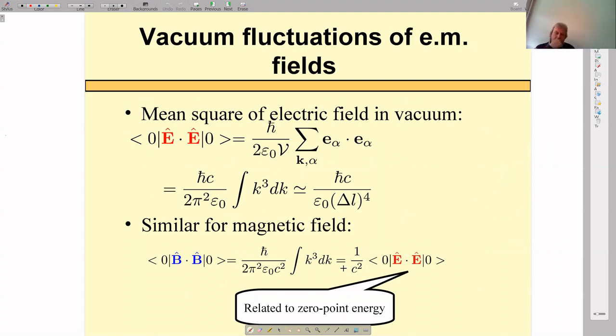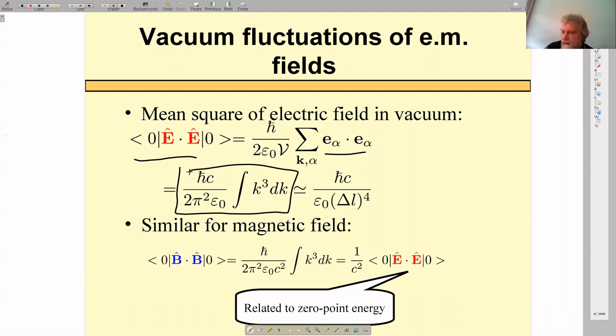Let's do the same for vacuum fluctuations. Vacuum fluctuations of electromagnetic fields. We can adapt the general calculation I did to the particular case of the electric field. Right, what we get then, for each k, is just the scalar product of polarization vectors. We can transform to integration over quasi-momentum.